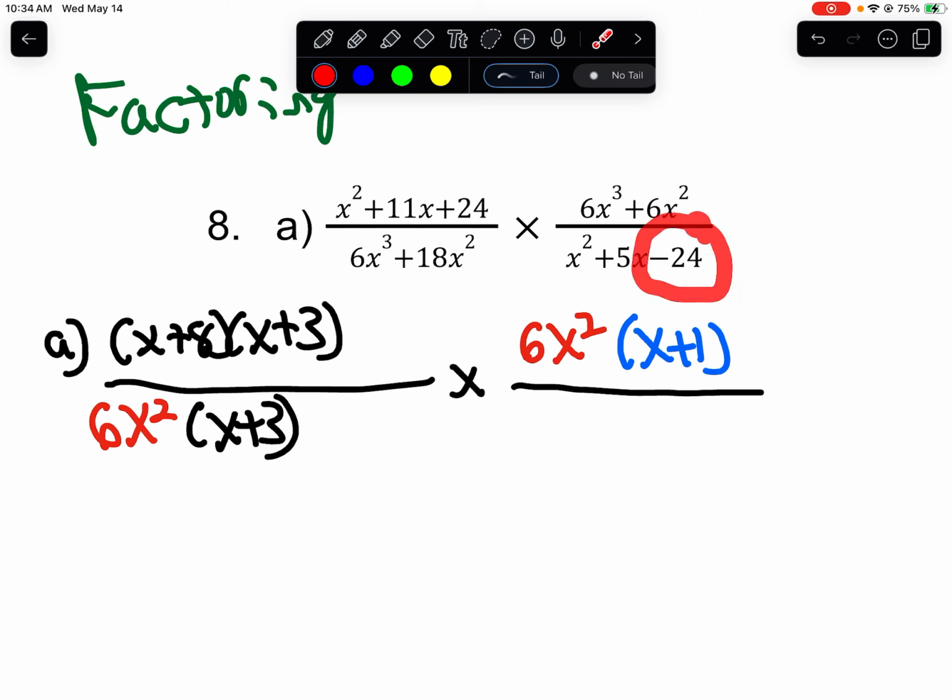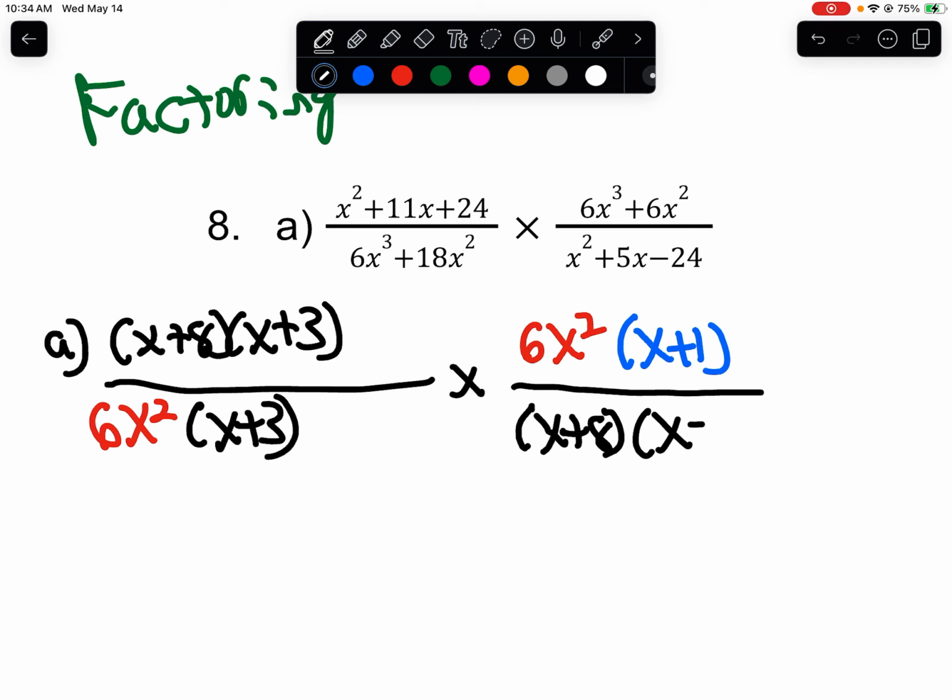What multiplies to negative 24, adds up to 5? And I believe that's going to be 8 and negative 3. So we would get x plus 8, x minus 3.